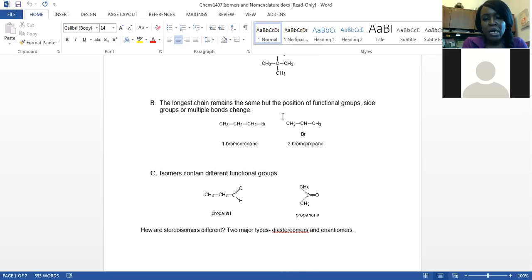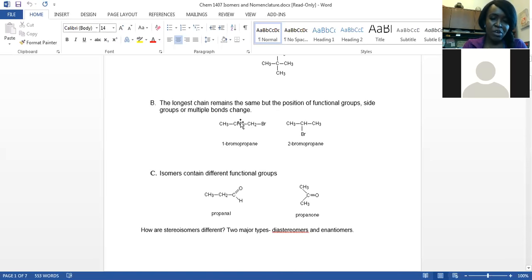They're special because most of the chemical reactions will take place where your functional groups are. The functional groups can have a group of atoms that are different from carbon and hydrogen, or they will have multiple bonds. So when you have double bonds or triple bonds, those are also considered functional groups. So sometimes functional groups are heteroatoms, atoms that are different from carbon or hydrogen, or they are multiple bonds, so double or triple bonds.